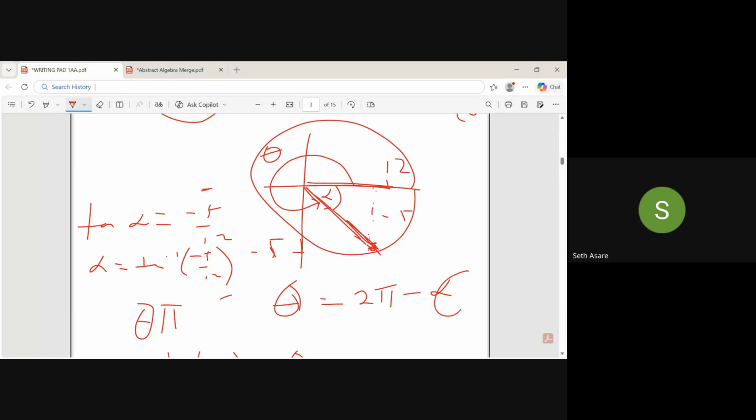And this one, we know that it is the tan inverse of minus 5 over 12. So this is what we are calling the arg of Z. It's equal to 2 pi minus that. So that is what we have done. Are you okay? It's the same thing.